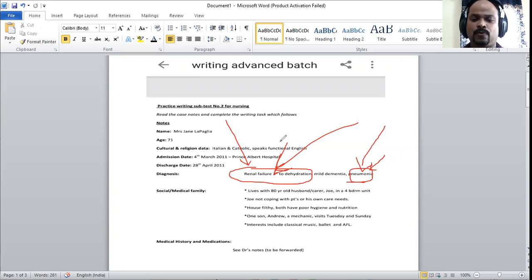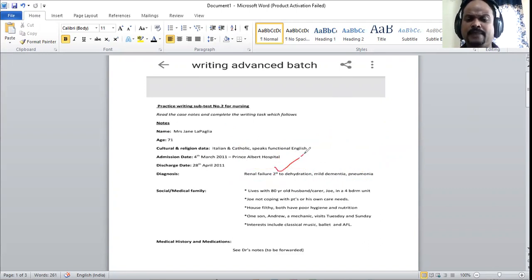There was also mild dementia with her. So this is the diagnosis. The primary condition is renal failure, and the second one we need to focus on is pneumonia, but let's see how to do that.